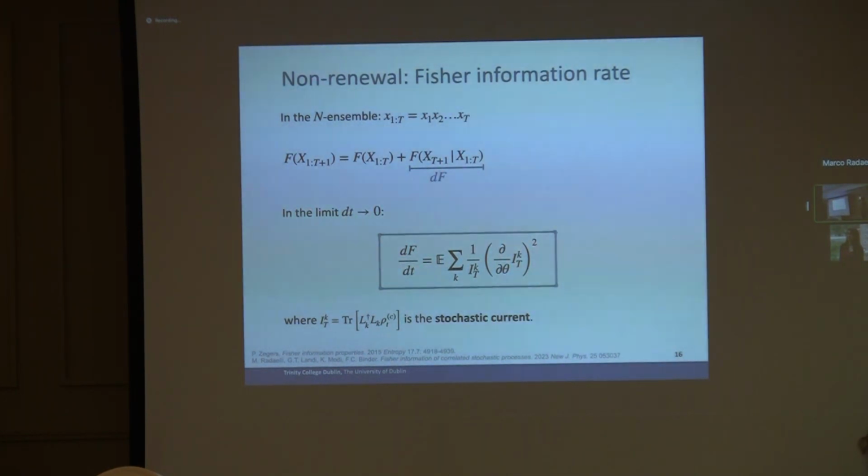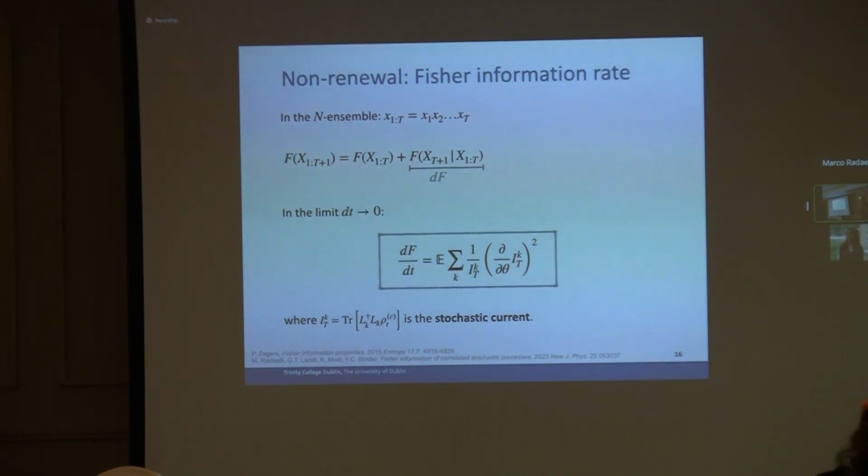Now we can use this equation, which expresses the joint Fisher information up to time t plus 1, in terms of a slightly shorter joint Fisher information up to time t, plus an update term, which in the dt going to 0 limit takes the form of an infinitesimal increment of the Fisher information. Now, we can, at this point, write an equation for the Fisher information rate.